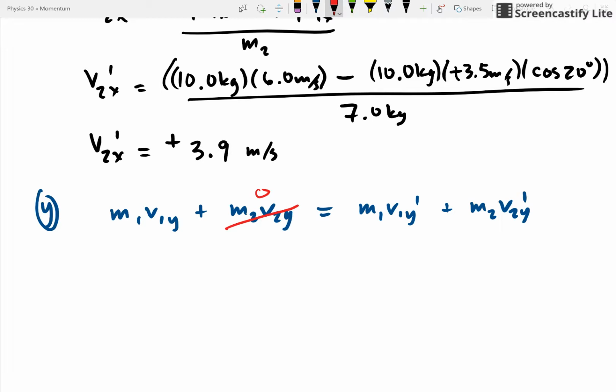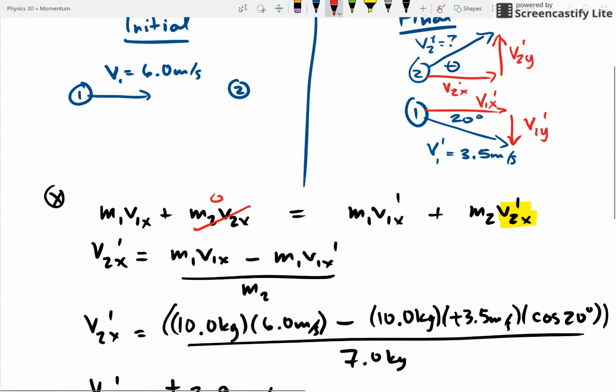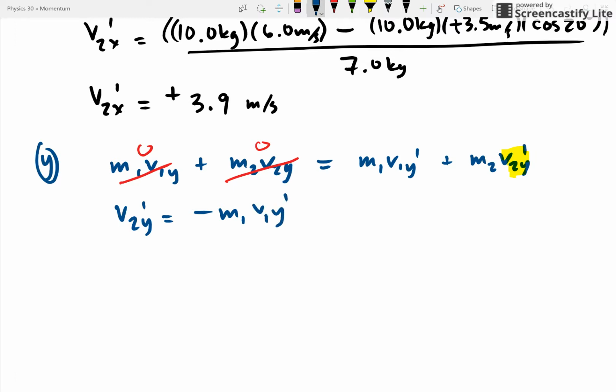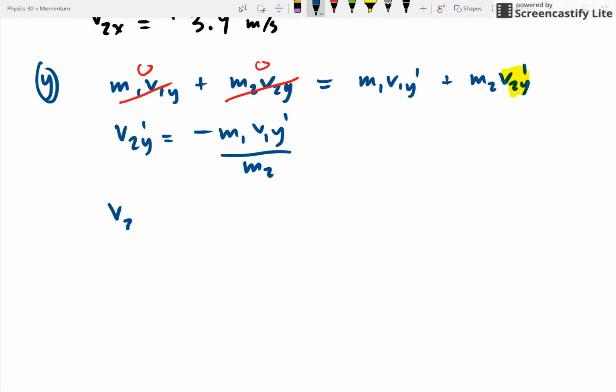And mass 1 was only moving to the right, as we can see in our diagram, so it does not have a y component either. We want to find the y component of the second mass after the collision so that we can put it together with the x component and find the overall velocity. So let's rearrange this equation and then substitute into the equation.